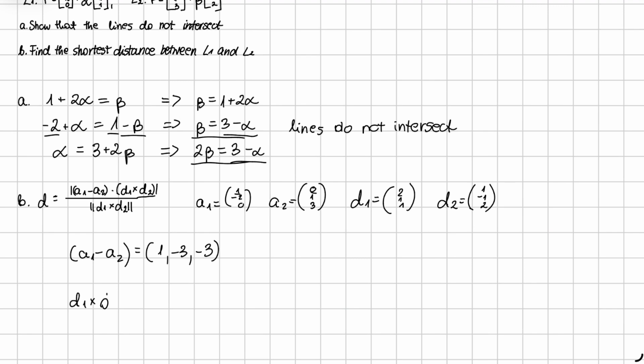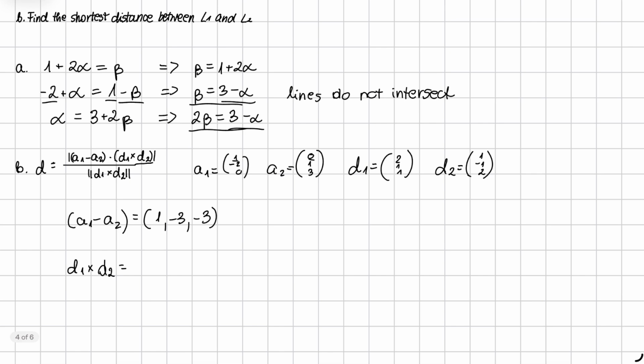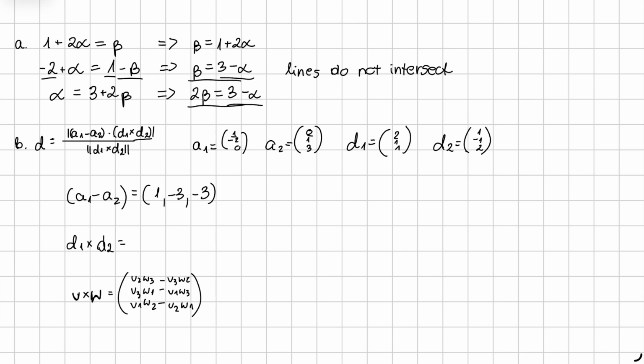D1 times D2, so it means that we have to use our vector product. So now I will write down the formula for it. So this is the formula. It will take some time because we have to multiply and then subtract many numbers.